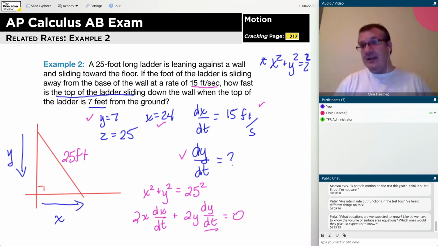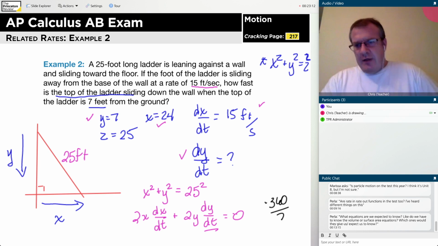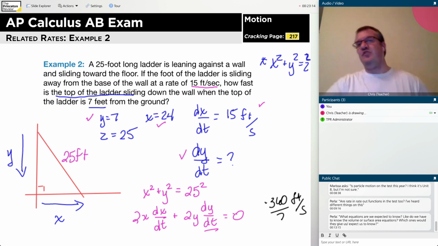The negative definitely verifies the real world distinction of it. But here it's just plugging and playing. I'm not going to take more time here because when you plug it in, you're going to be able to verify the solution right away. Here it'll be negative 360 over 7 feet per second. Just be very careful.